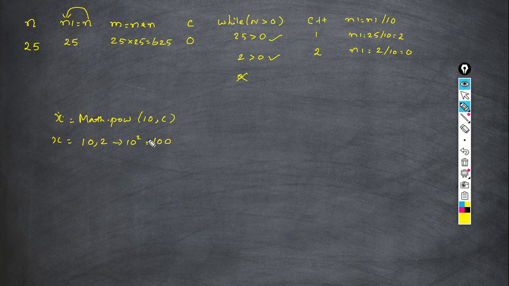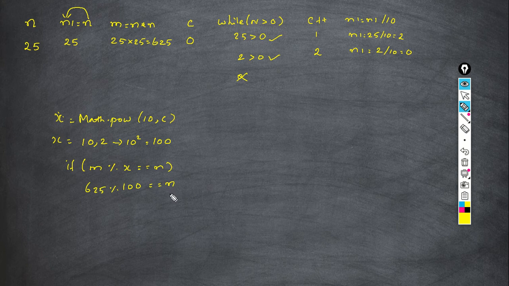Now the next step is, I check if m modulus x is equal to n. What is m? m is 625. So 625 modulus x, where x is 100, is equal to n.